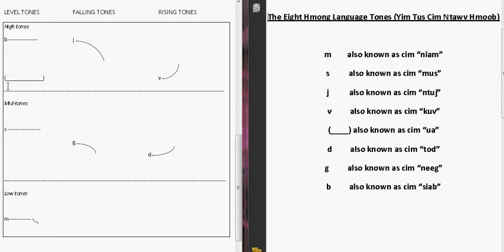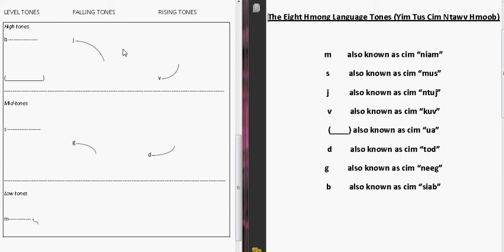All of the tones on the far left-hand side are what we call level tones. In other words, they don't fall, they don't rise, such as what you'll find in these other two columns. The middle column here, which is the J and the G, these are what we call falling tones.